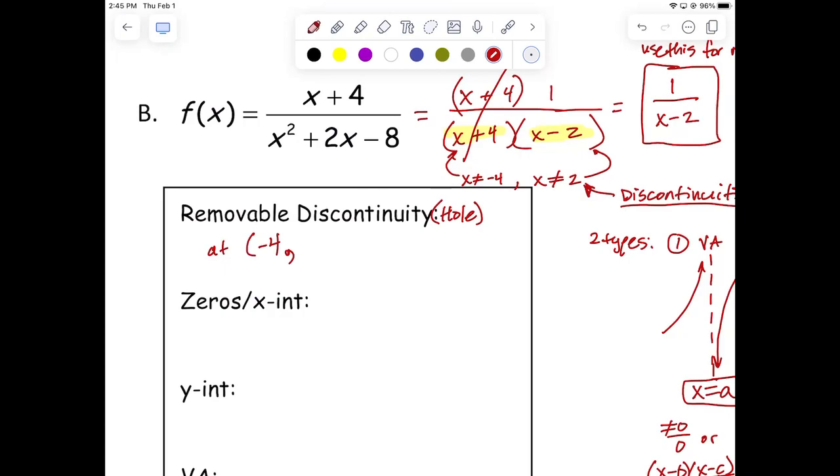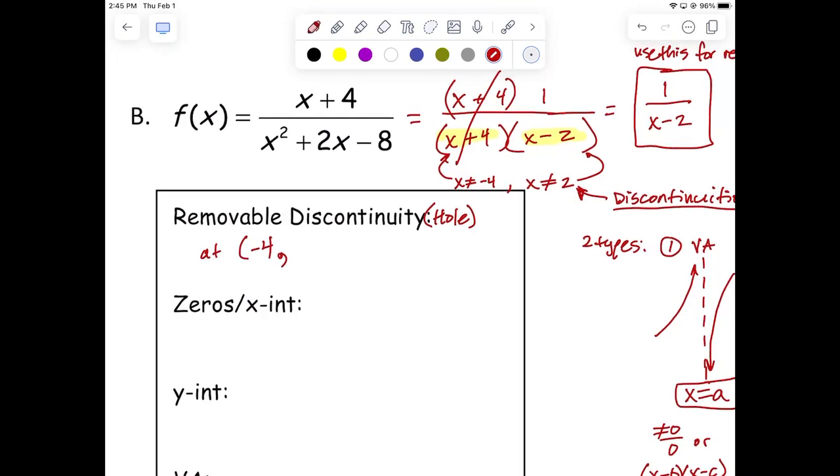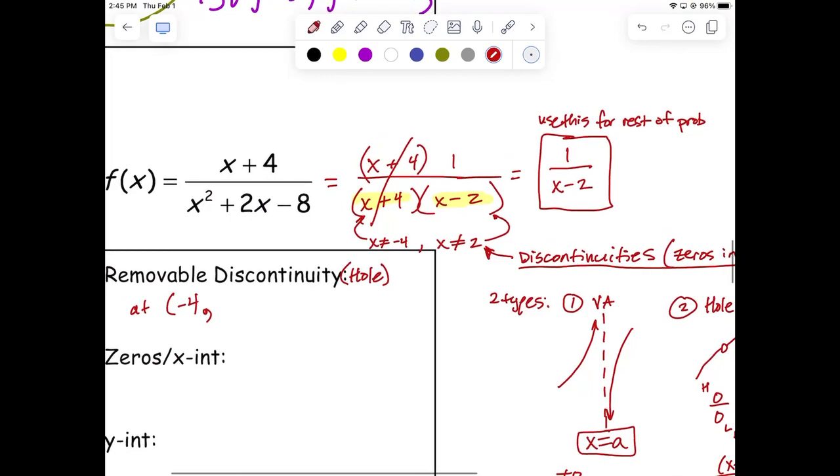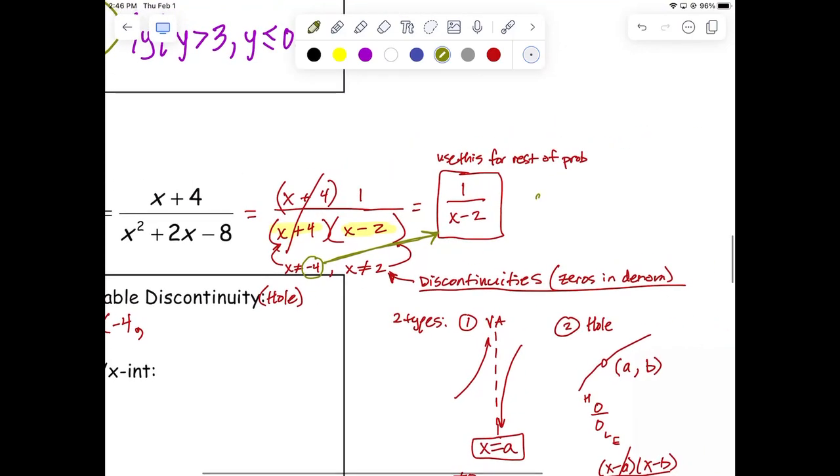Here's how you find the y value of the hole. You basically take the x value that caused the 0 and you plug it into what's left. You take the x value that caused the 0 when the factor was there, and you plug it into what's left after you divide it out. Let's see what we get. At x equals -4, what do we get?